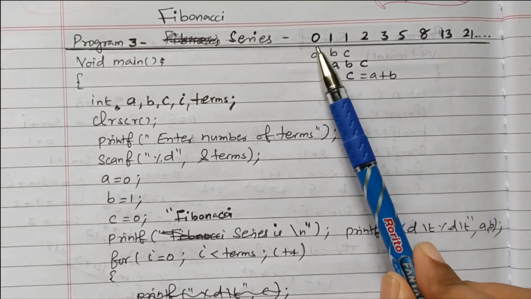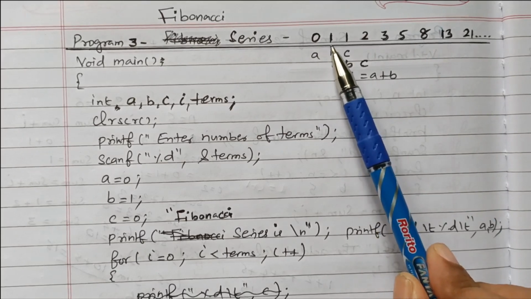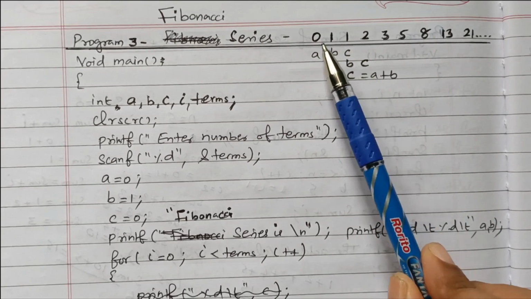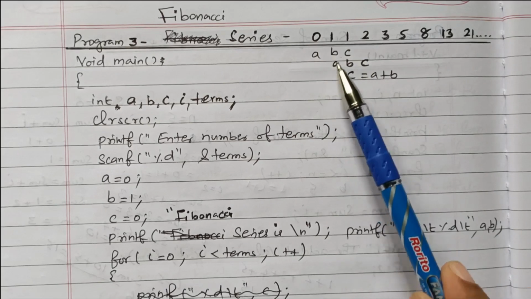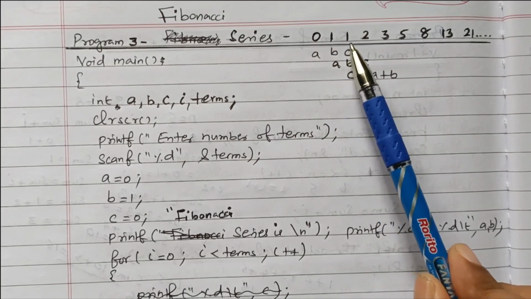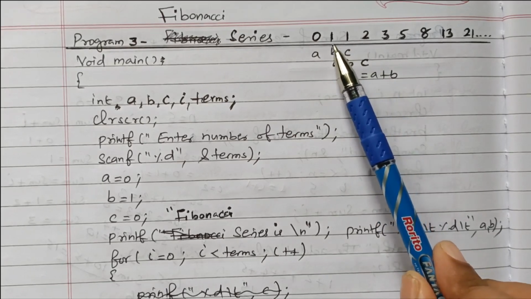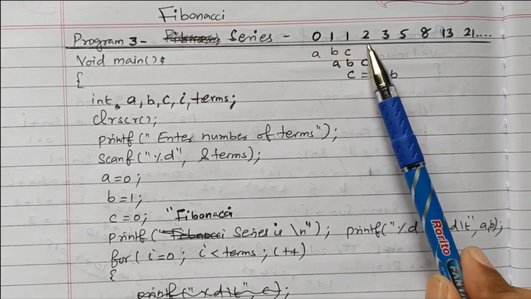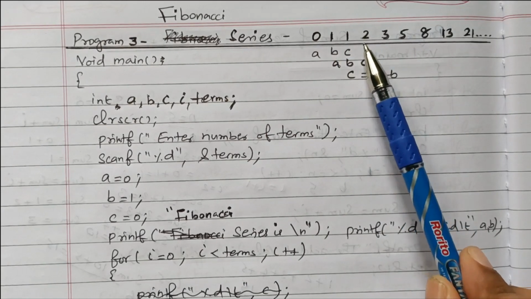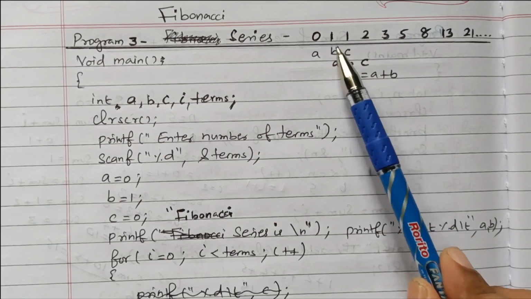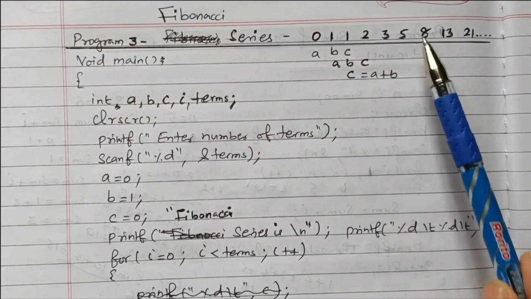Let us consider the first number is 0, the second number is 1, and the third number is the sum of the first and second numbers. After creating the third number, the fourth number is the sum of the second and third numbers. Each number is the sum of the previous two numbers. Like that we need to generate.